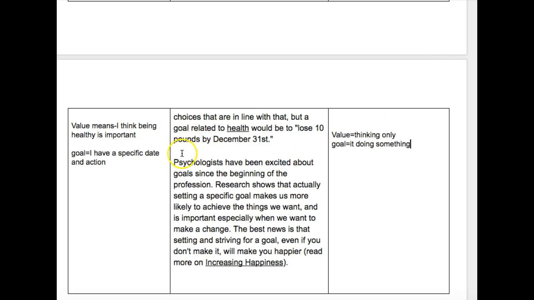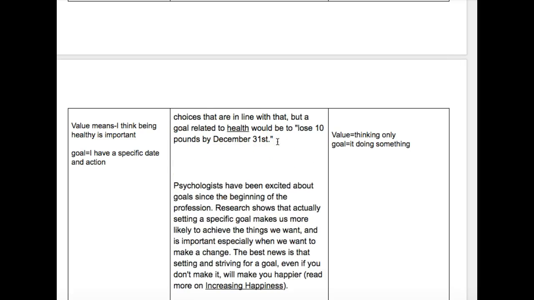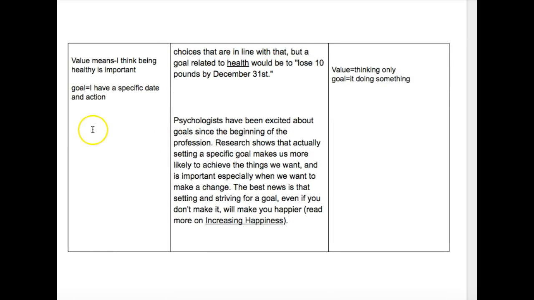Okay. Now here it says that psychologists have been excited about goals since the beginning of the profession. Now I don't know what a psychologist is, but it sounds like a psychologist is an expert at something.